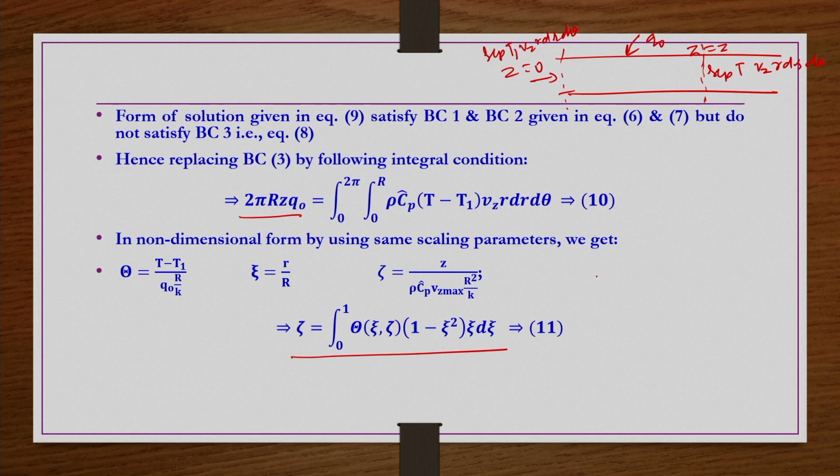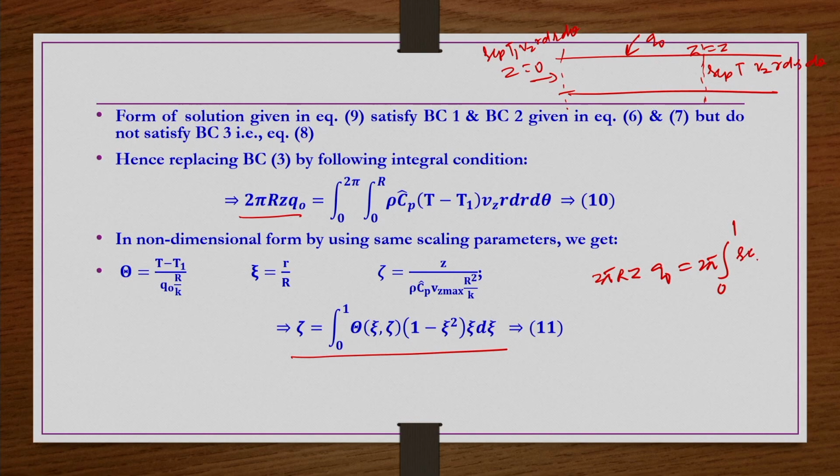Let us check. On the left hand side, 2 pi r z is the same, and q naught is the same. On the right hand side, 2 pi integral, r equals 0 means xi equals 0, and r equals capital R means xi equals 1.